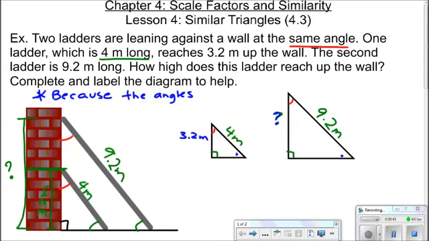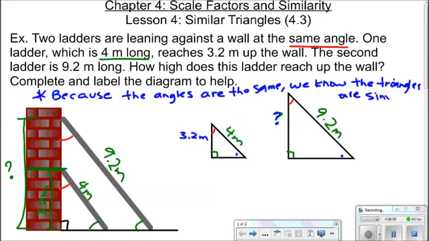Because the angles are all the same, the triangles are similar. So because the angles are the same, we know the triangles are similar, so we can use that to use a scale factor with the corresponding side lengths to find our missing side length.